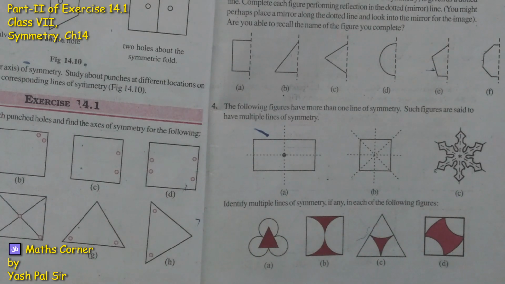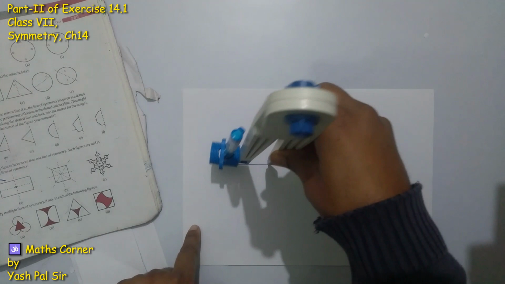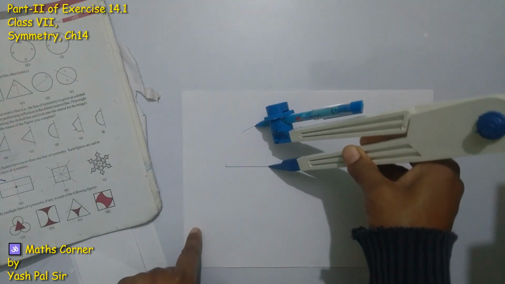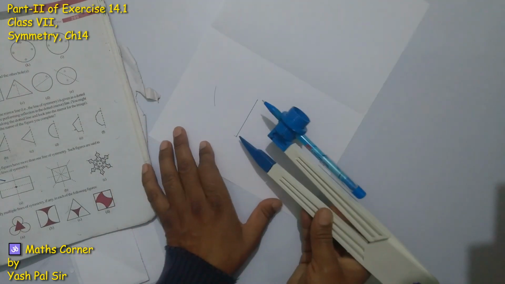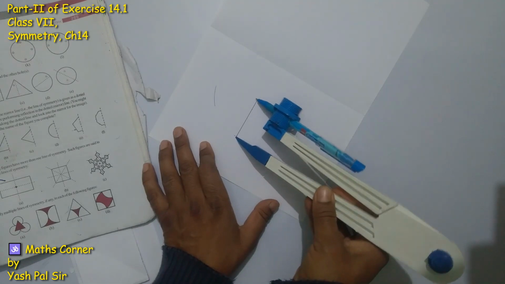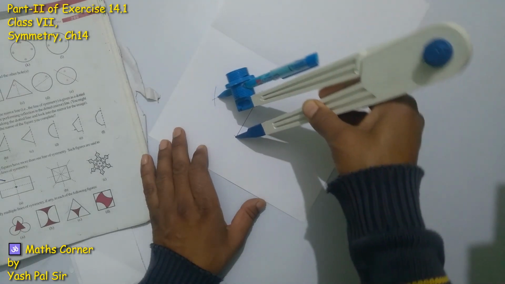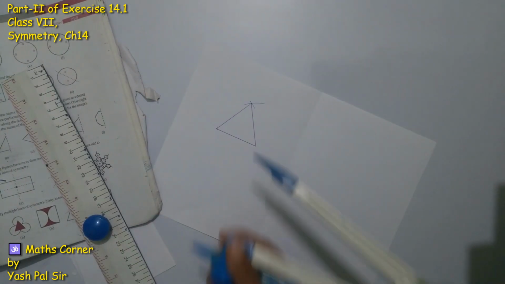So let us construct this. First of all, the equilateral triangle I am going to construct here like this. This is the equilateral triangle.